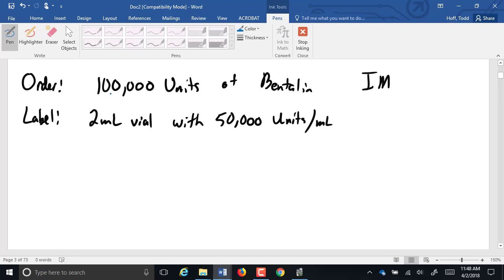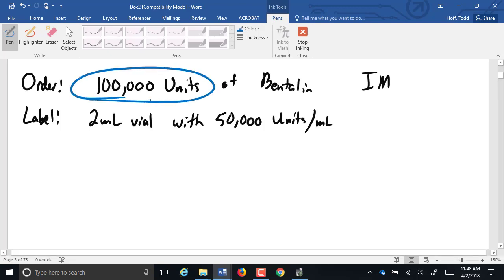So here we're going to start out with our doctor's order again, 100,000 units. We use a capital U to abbreviate units. And we want to get rid of units. Down here, the 2 milliliter vial is not telling us anything as far as our conversion. That's telling us the size of the vial.